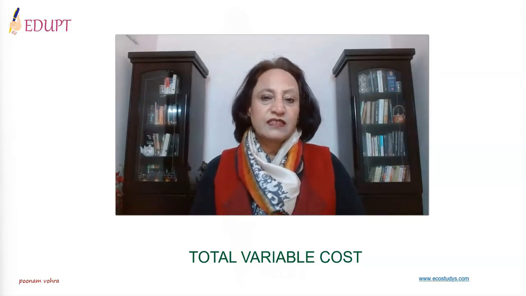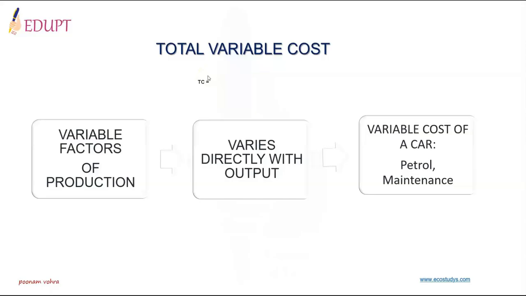So let us understand. It has been understood earlier that total cost is a summation of total fixed cost and total variable cost. Focusing on total variable cost, it is incurred on variable factors of production. Hence, they vary directly with output.